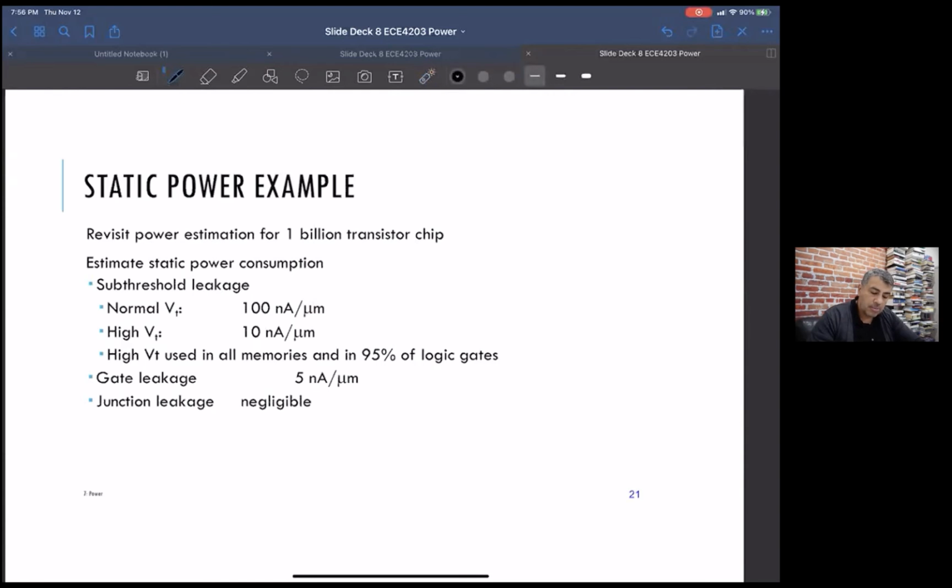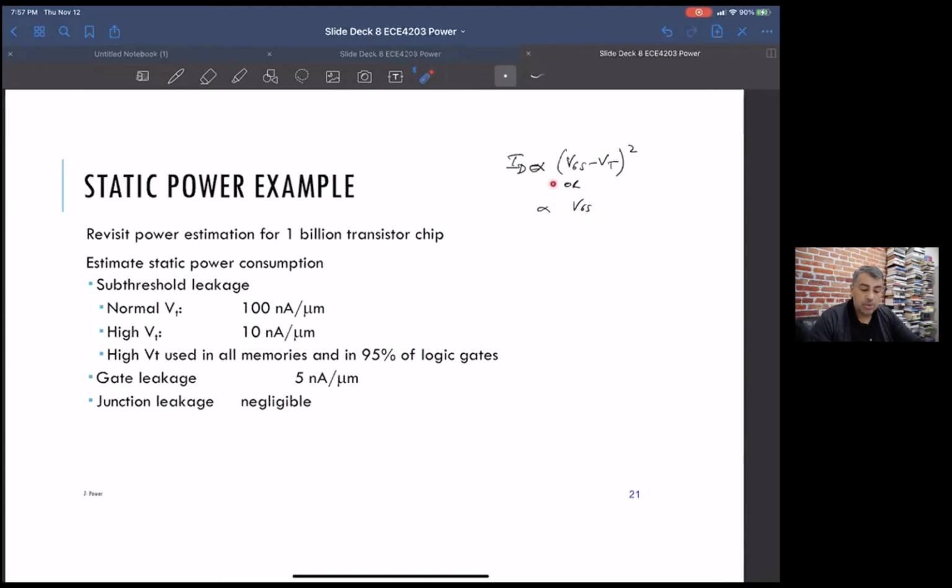So for dynamic power consumption, again, ID is proportional to VGS minus VT, either squared or linear in VGS, depending on which mode you're in, saturation, linear, whatever. So when you have a high-speed device, you'd like to make V sub t as low as possible, because you get as much current as possible.